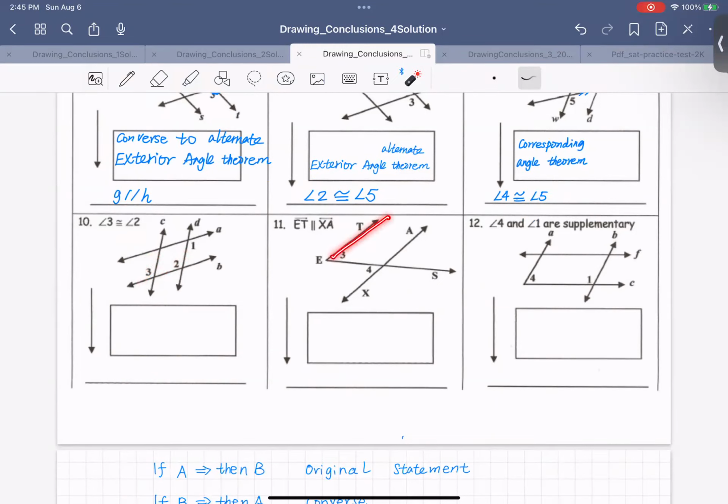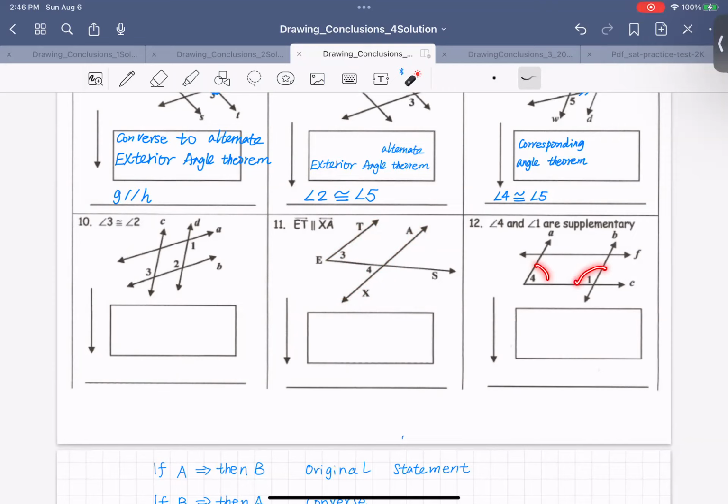And next one, ET and XA parallel. What conclusion do you want to have here? Angle 3 and angle 4 are congruent. It's because of alternate interior angle. Good. Last one over here. Angle 4 and angle 1 are supplementary.